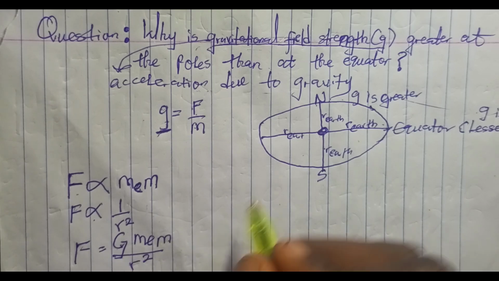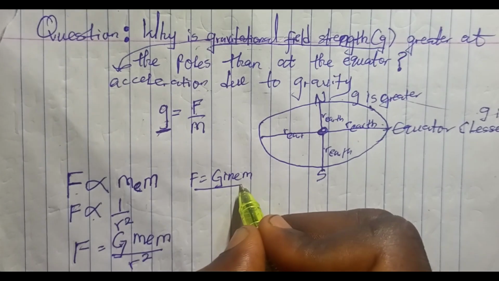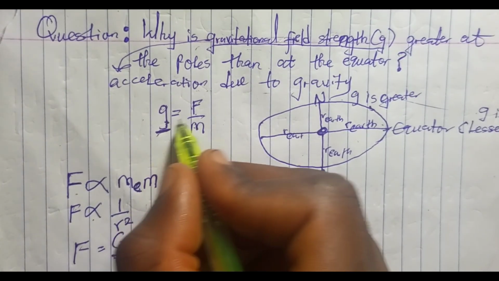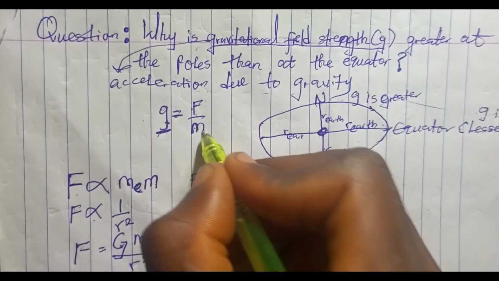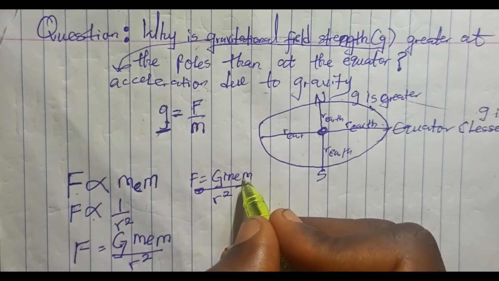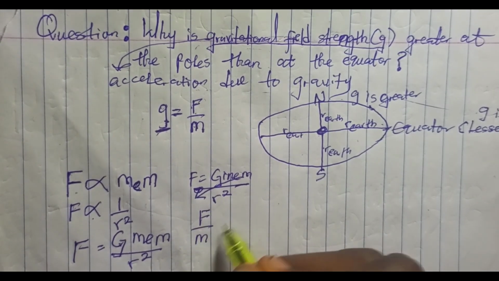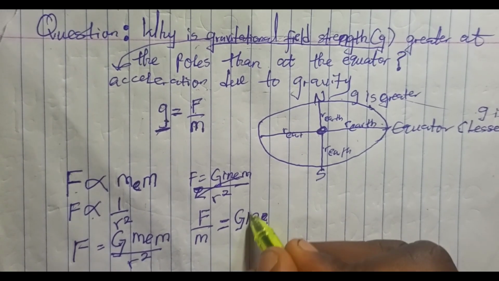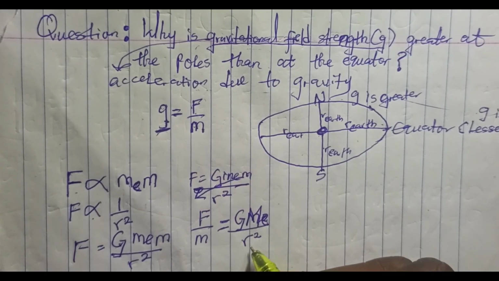So using this formula, F equals G M_E M over R squared. Now we say that gravitational field strength is given by force of attraction over the mass of an object. Now imagine this mass comes down. Then force over mass equals the universal gravitational constant times the mass of the Earth, all over the square of the distance between you and the Earth.